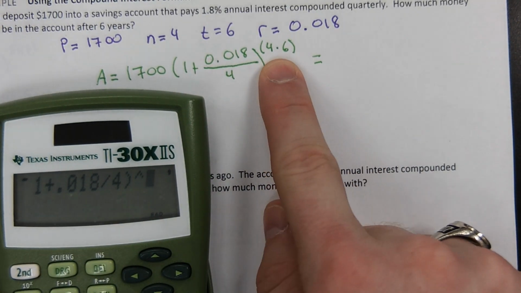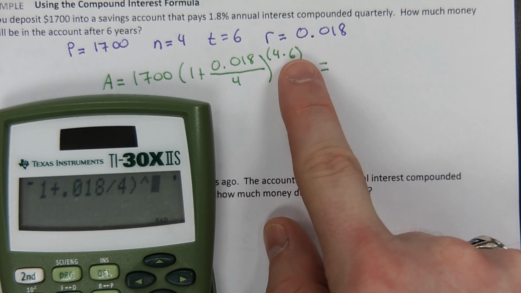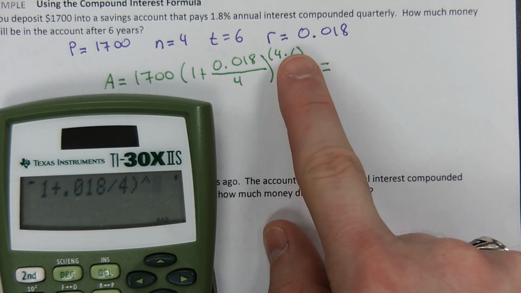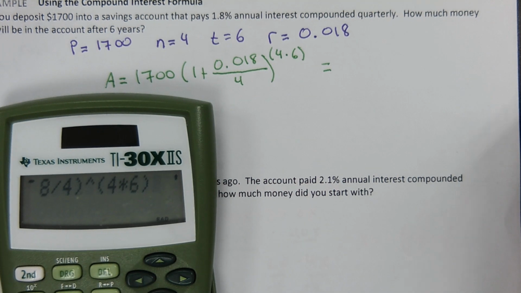Notice that I wrapped my exponent in parentheses. The reason why I did that is because I'm showing you exactly how you need to type it on your calculator. If you don't use parentheses right here, the calculator does not know that that 6 is part of the exponent.